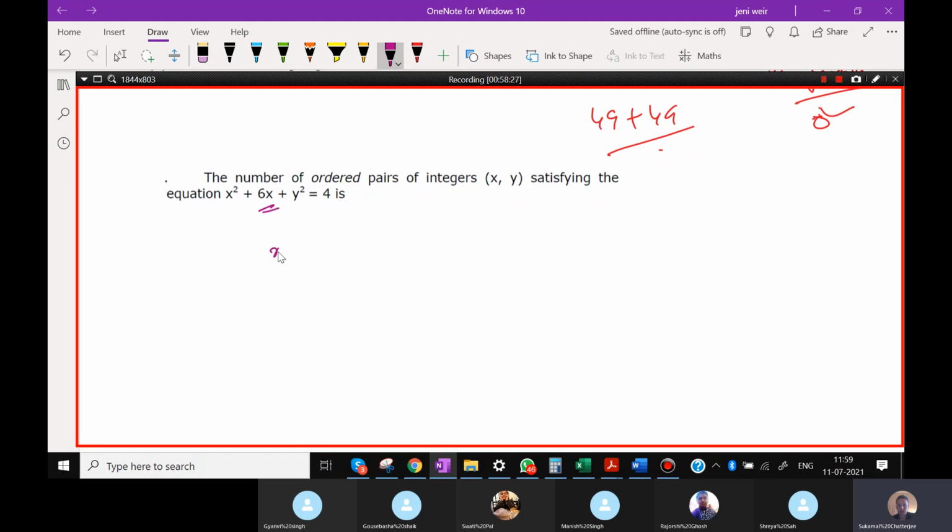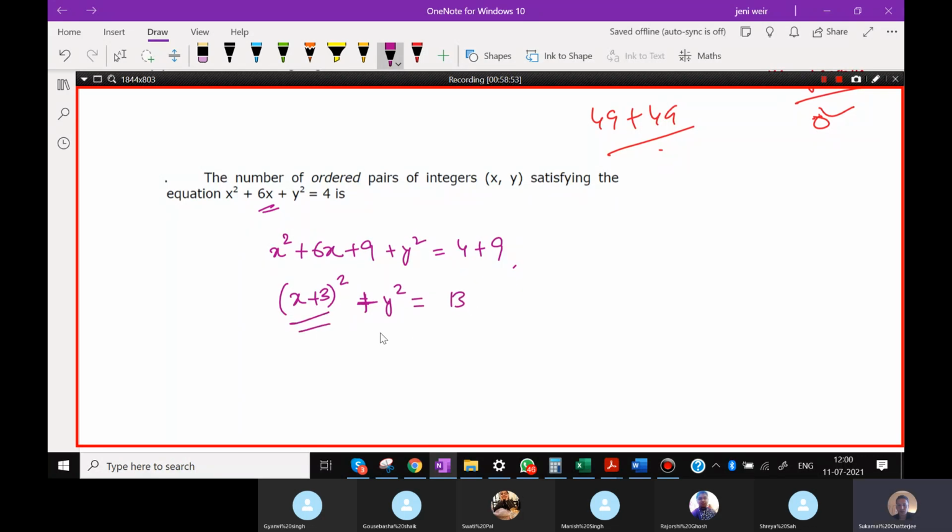Therefore, it would be of the form x square plus 6x plus 9 plus y square equals 4 plus 9, which means x plus 3 whole square plus y square will be equal to 13.